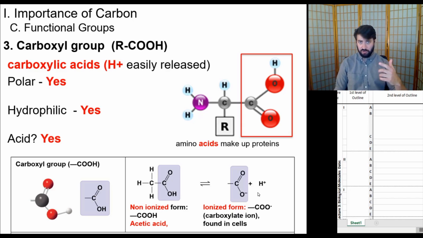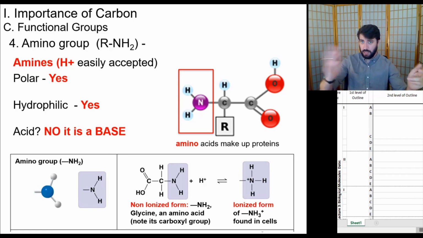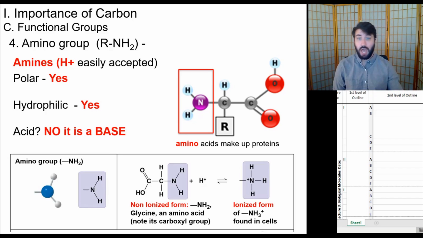Okay, so I mentioned that these are one part of an amino acid that you can see here. So what's this other part of an amino acid called? An amine, right? So we have the acid component, and now we have the amino component. Amines are kind of the opposite of carboxyls because amines happily take up an extra hydrogen.